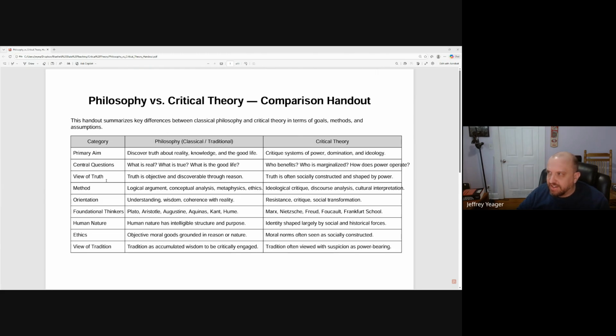For instance, in the Roman Catholic tradition, we believe that there is a universal truth, right? God is the universal truth on which all being extends.